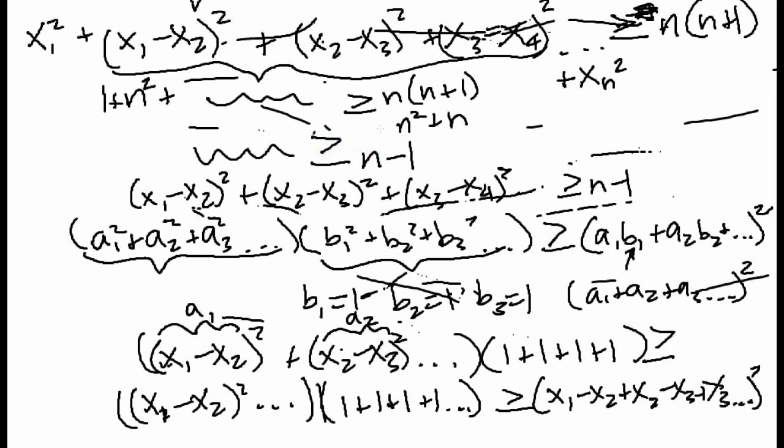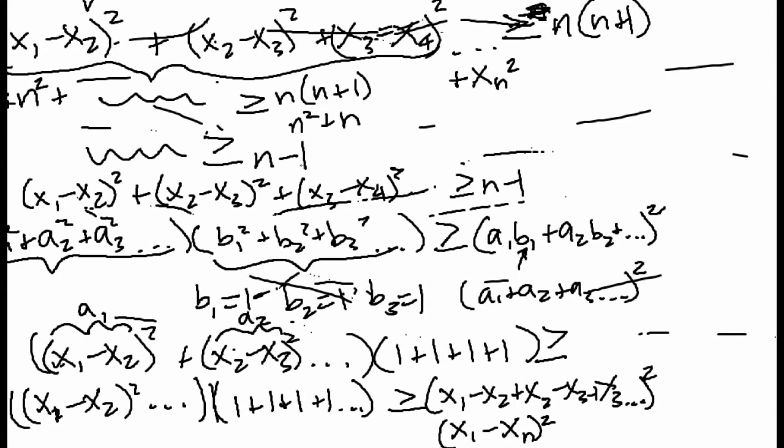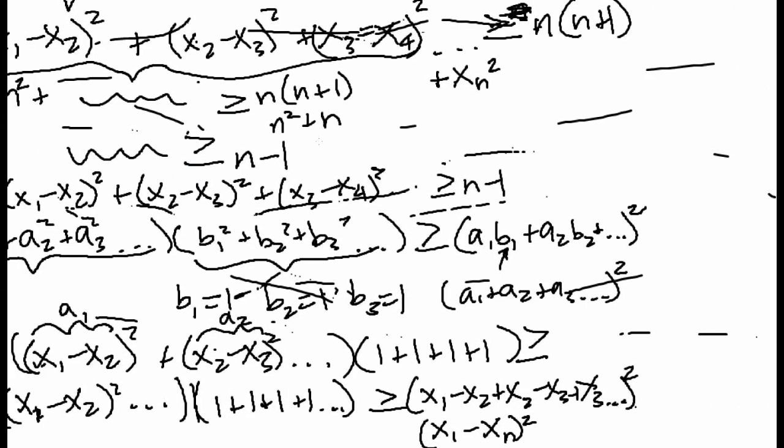It all cancels out very nicely, and you really just get x1 minus xn, squared. And I'm sort of running out of space, so let's just move some stuff up here.